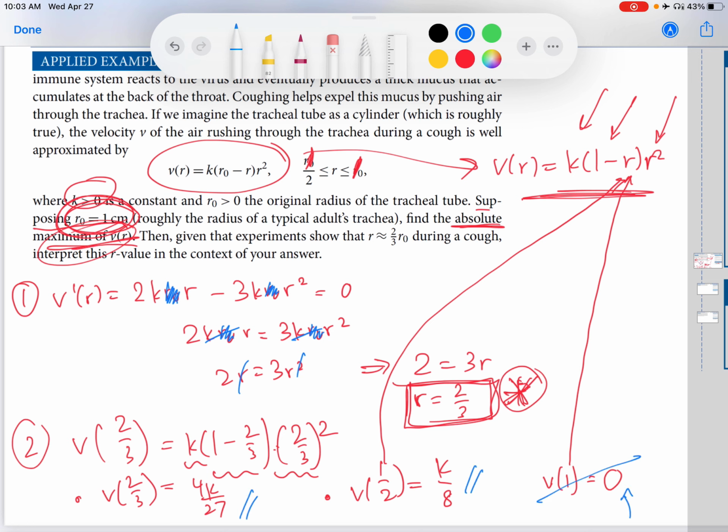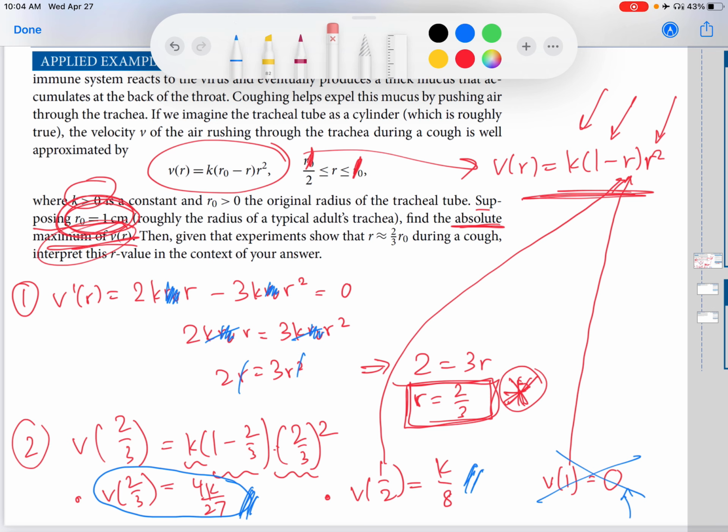This is 0, so this is not my maximum. It must be one of these two. How do I determine that? Well, you can just calculate 4/27 and 1/8, or you can use any technique you want to realize that 4/27 is bigger than 1/8, right? So this ends up being, therefore, the largest y value, and hence it's the absolute maximum of the function v of r. So I should say in a moment, we have found the absolute maximum, right?